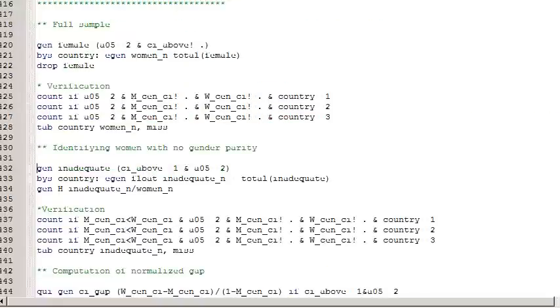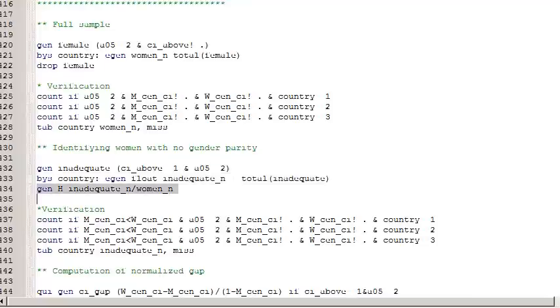Say above gives 1 for the households where there is no gender parity. Here we create a variable inadequate, which is only for women. So it's equal to 1 if the respondent is a woman and lives in a household without gender parity. Then we compute the total number of women that live in households without gender parity by country, and we also create the proportion.